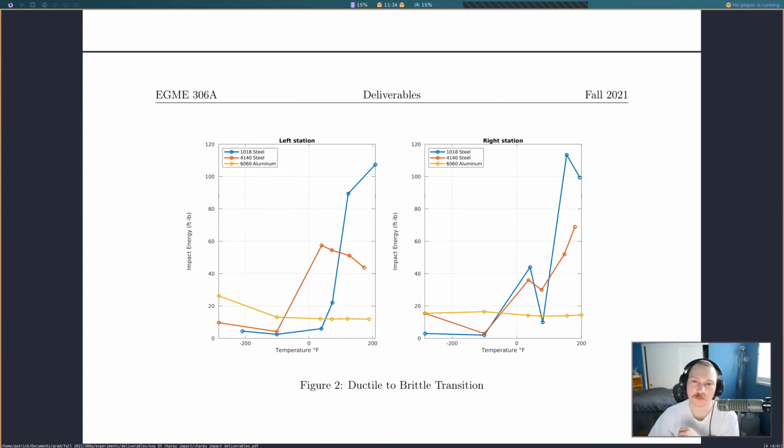Then we're going to plot it, and find when that line intersects this blue curve here. When you find the intersection point, that X intersection value is going to be the ductile to brittle transition temperature. That's basically what you have to do.